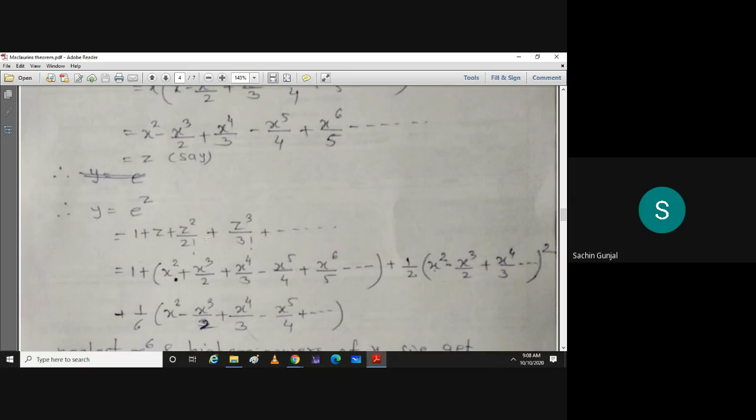And then plus 1 by 6, that is 1 by 3 factorial is 1 by 6, z cube. So x square minus x cube by 2 plus x raised to 4 by 3, bracket cube. Okay, cube is missing here.